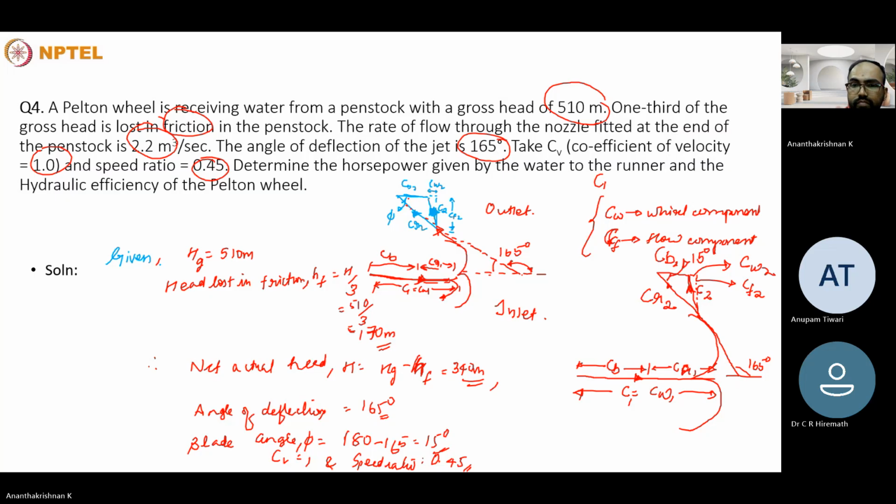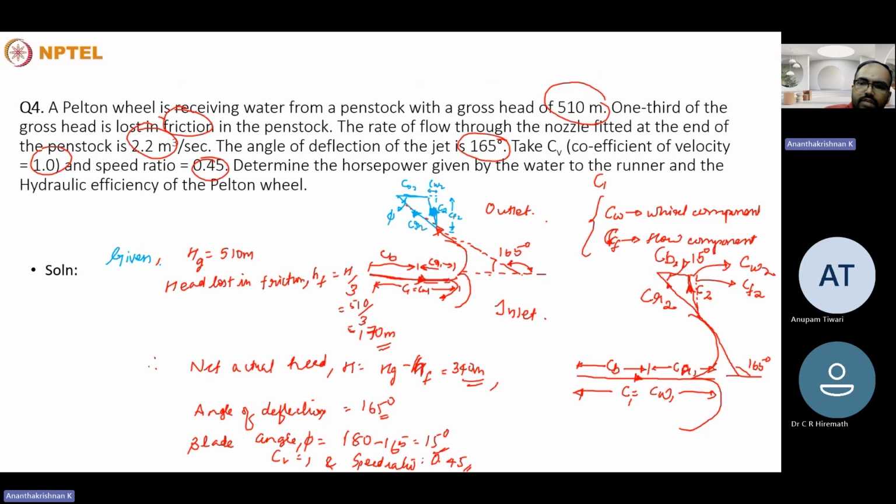So the horizontal component of the relative velocity in the outlet velocity triangle, CR, will be a combination of the whirl component of the actual velocity and the blade velocity component. There is a speed ratio that is given, so we have to take that into account as well to get the actual velocity at the outlet and the whirl component of the velocity at the outlet.